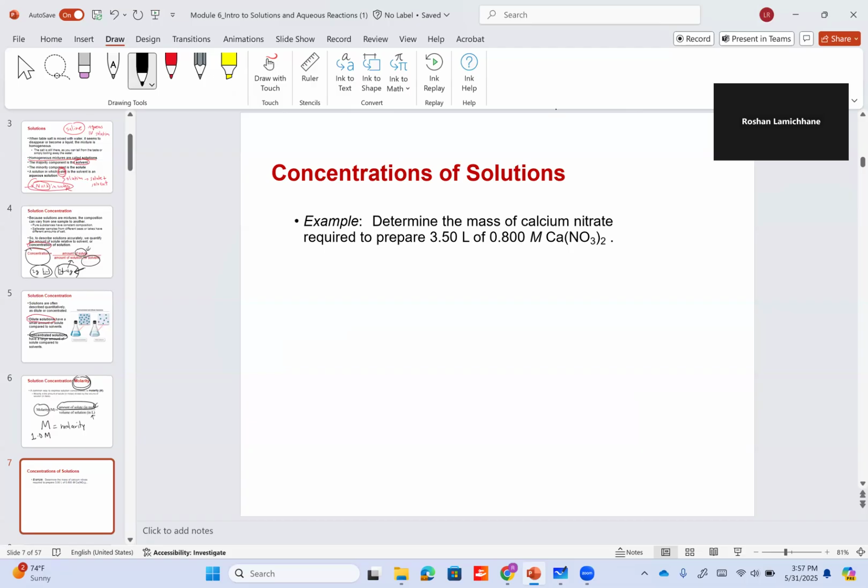For this, again, start out with the formula that you know. My molarity formula, which I'm writing as capital M, equals moles of my solute, which is my salt, calcium nitrate right here, divided by volume of the solution in liters.